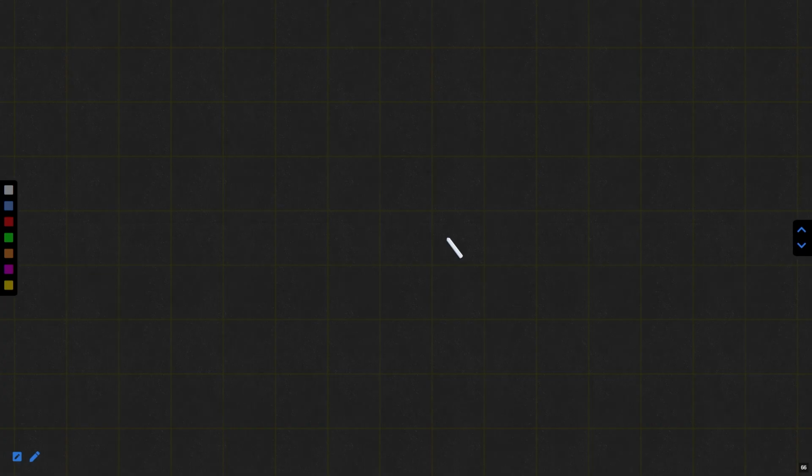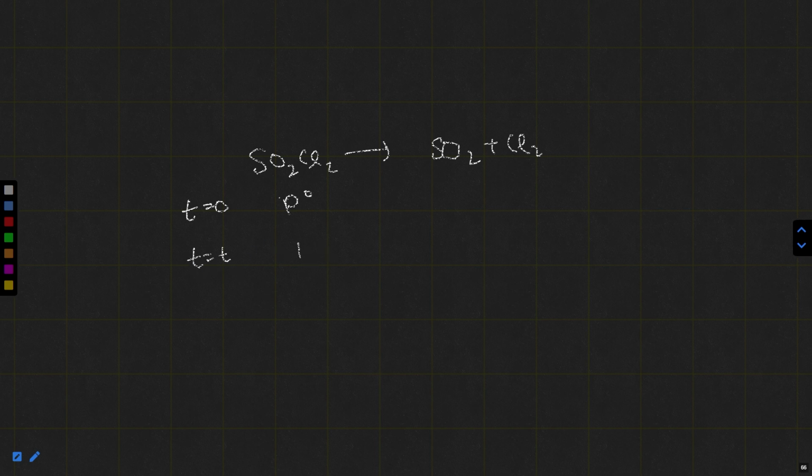The reaction goes as SO2Cl2 giving us SO2 plus Cl2, isn't it? Suppose initially the pressure is P naught at t equals 0. After time t, suppose P naught goes to P naught minus small p, and this results in the same amount p of SO2, because the equivalence is the same, and the same amount of Cl2.